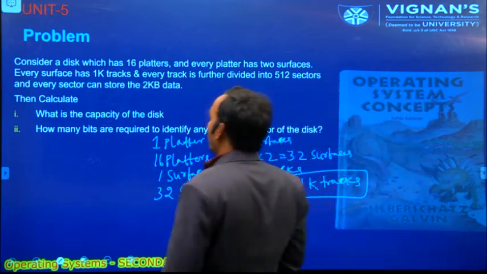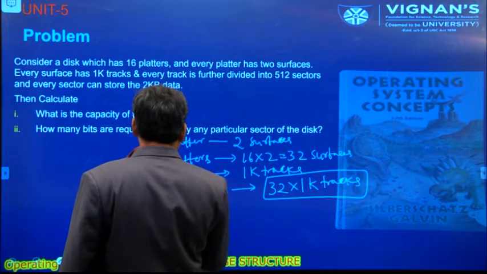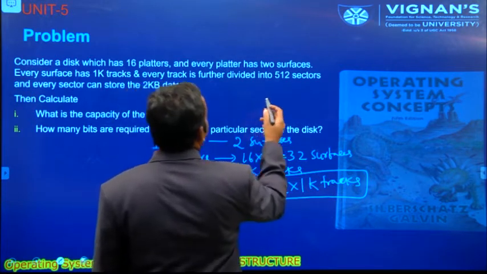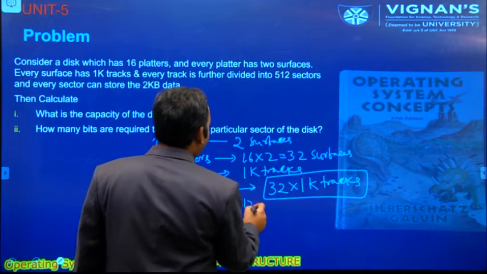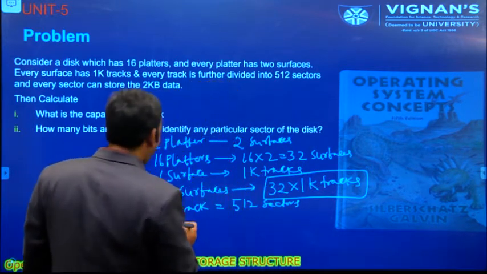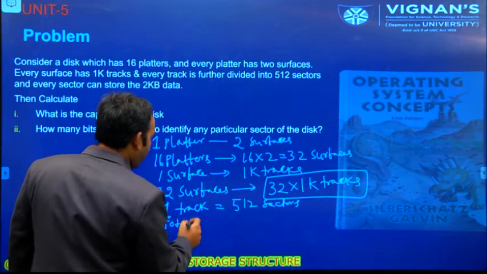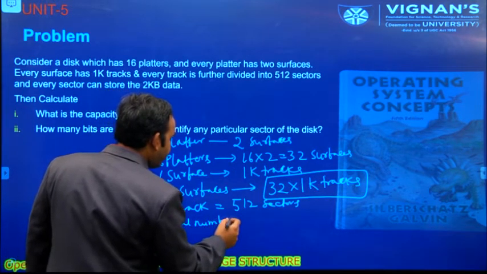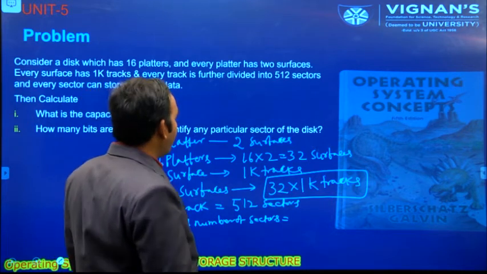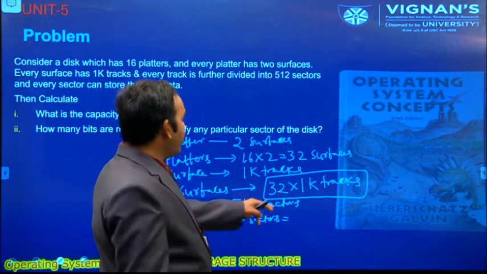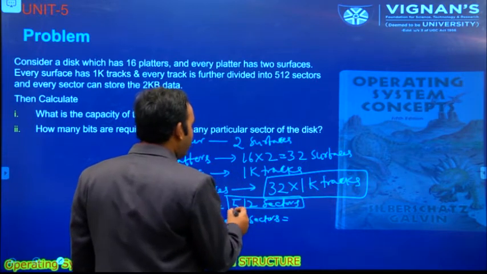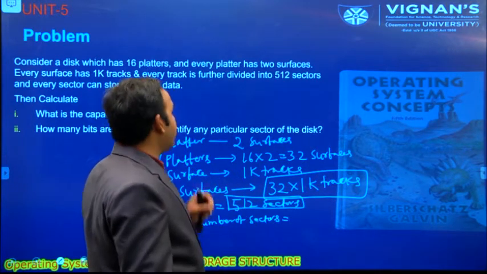Now one track contains 512 sectors. So to find the total number of sectors, we multiply the number of tracks by the number of sectors in each track.